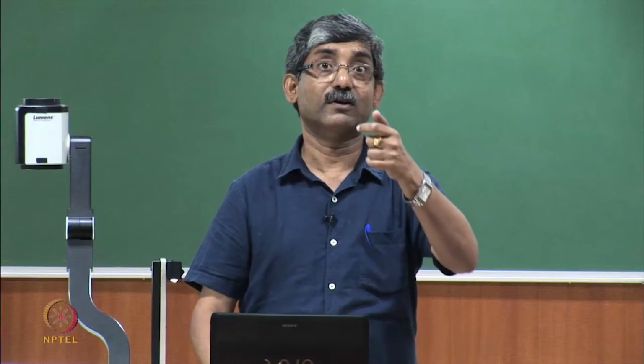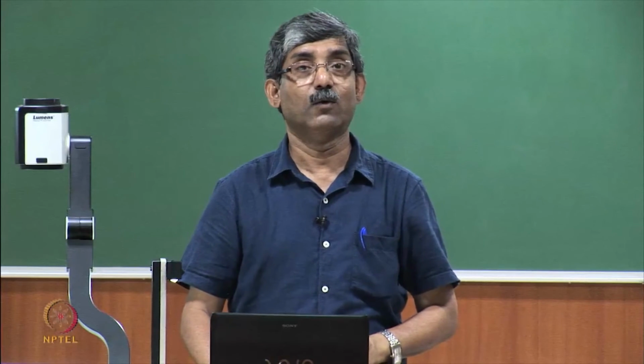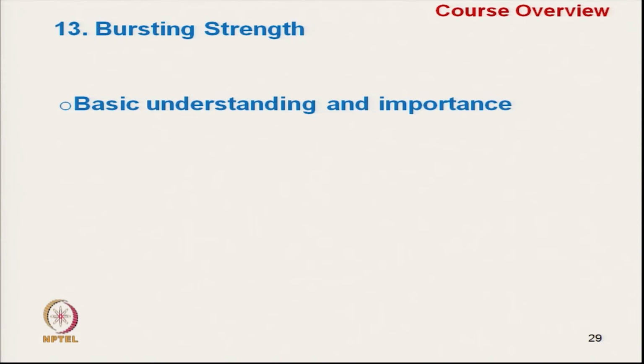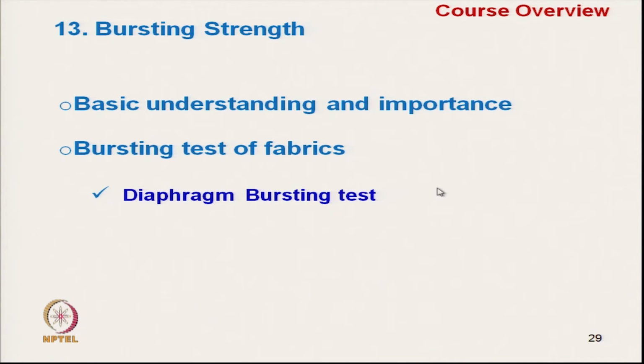Like for geotextile, bursting testing is important, where the direction of force is not unidirectional, it is a multidirectional force application. So, we have to understand the basics of bursting strength and its importance first, then bursting strength of fabric measurement, we will discuss the diaphragm type of bursting strength, ball bursting strength.